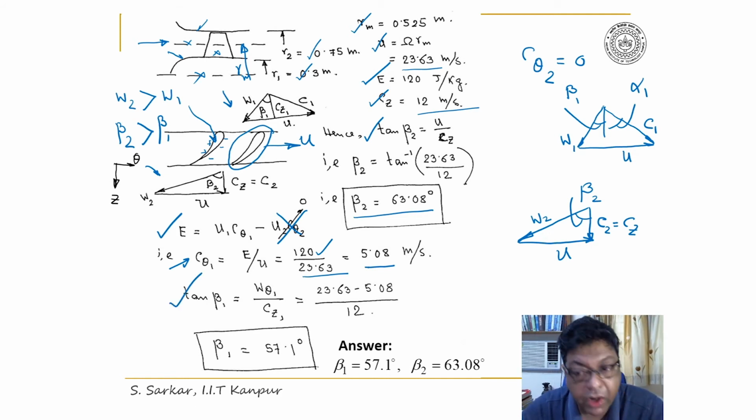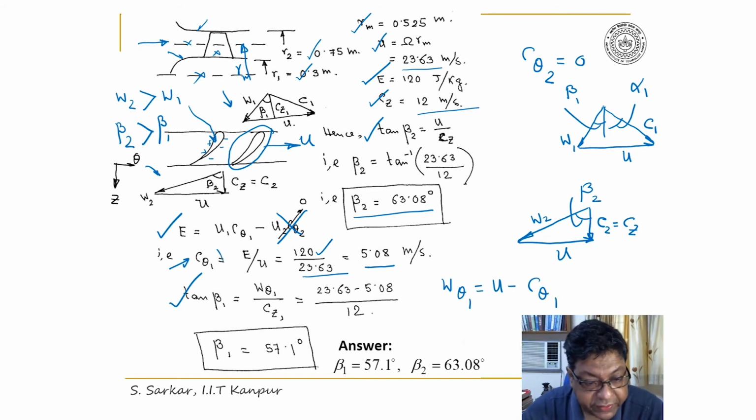Thus tan beta 1 from the inlet velocity triangle is W theta 1 by Cz. W theta 1 is equal to U minus C theta 1.